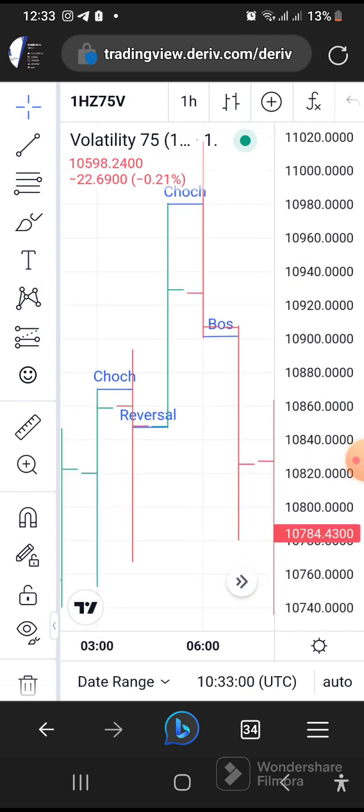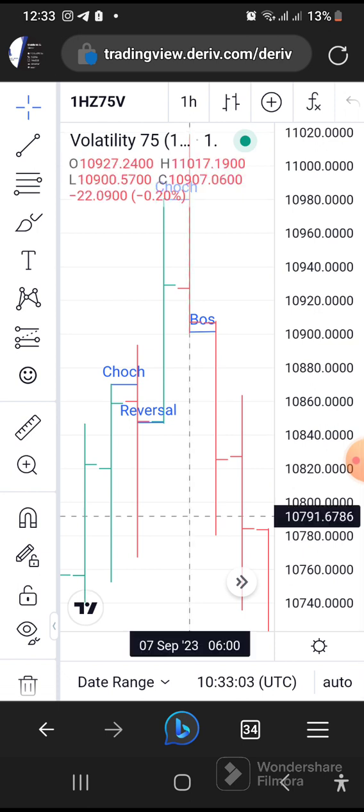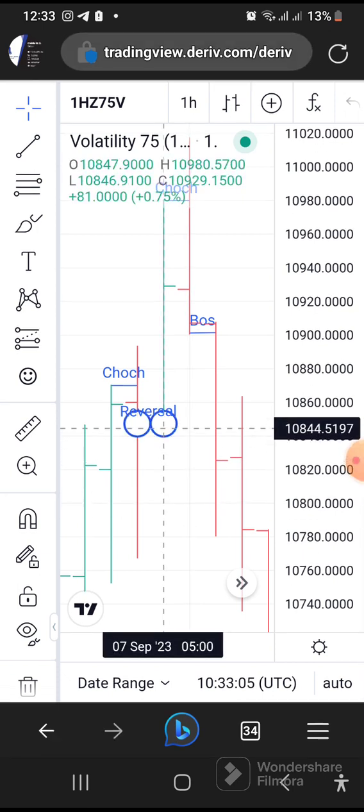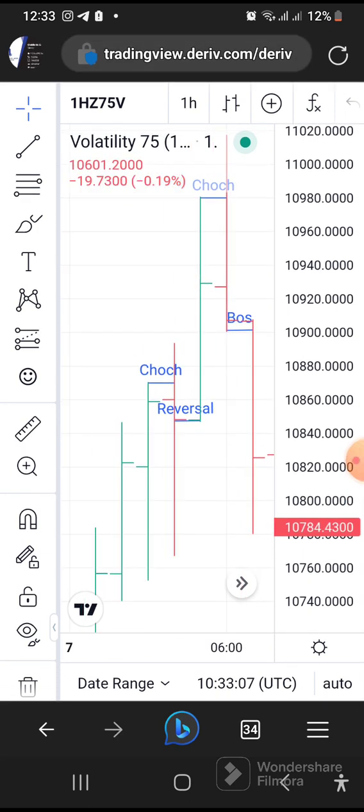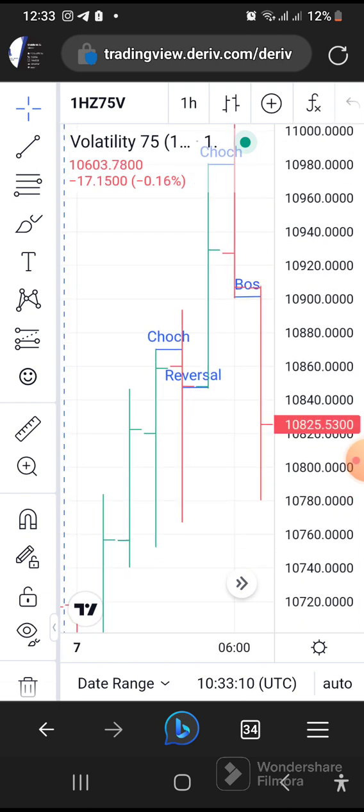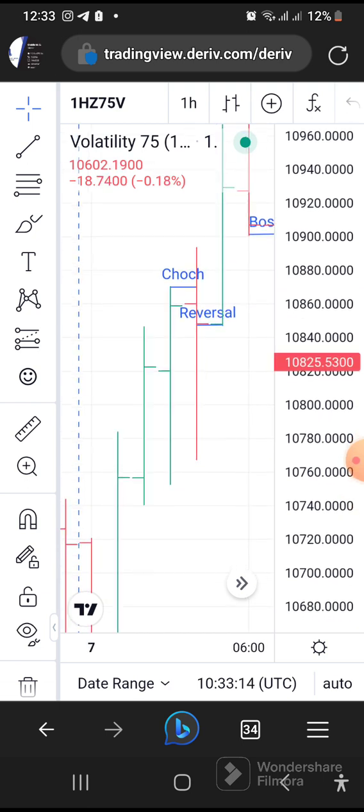From that change of character, we had a reversal. Yes, a reversal. And then from that reversal, we had a change of character when price went from lower high to higher low. That was a change of character.